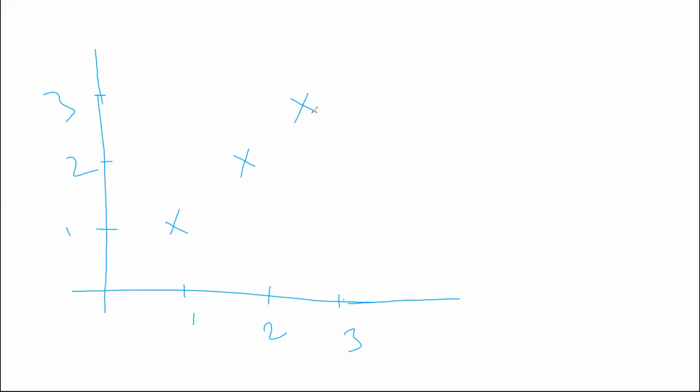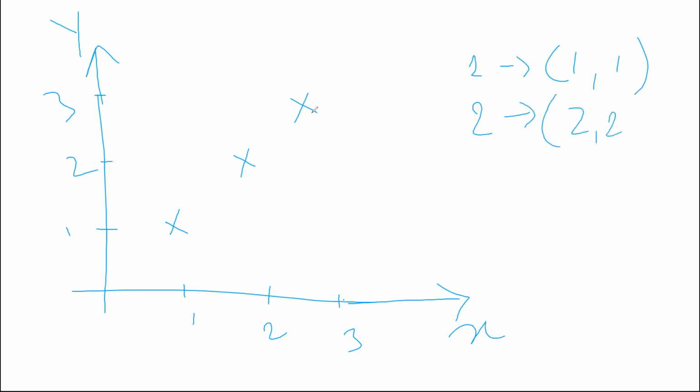So here I have 3 data points. One is (1, 1), where this is my x and this is my y. The other data point is (2, 2), and the third one is (3, 3).